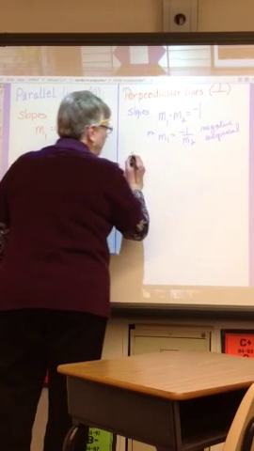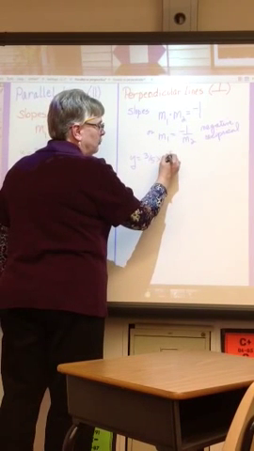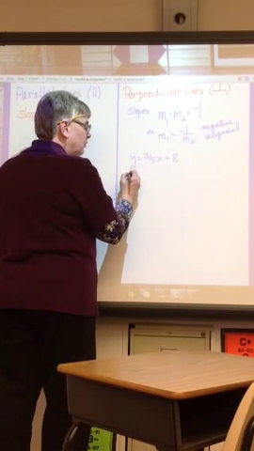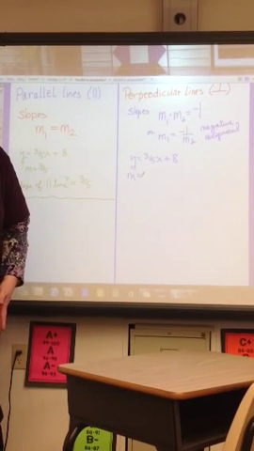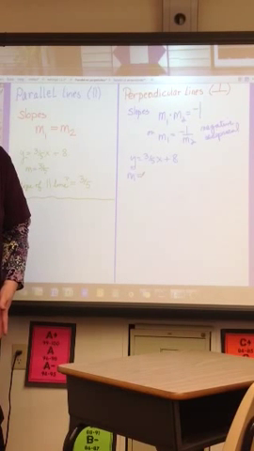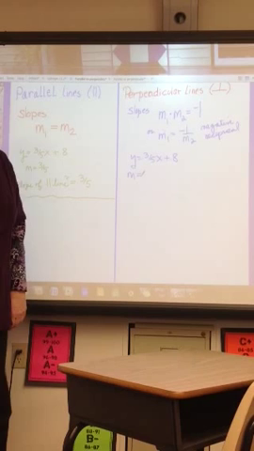So if I gave you the equation y equals 3/5 x plus 8, the slope of this line is equal to, Zoe? I want the slope of this line right here, 3/5.